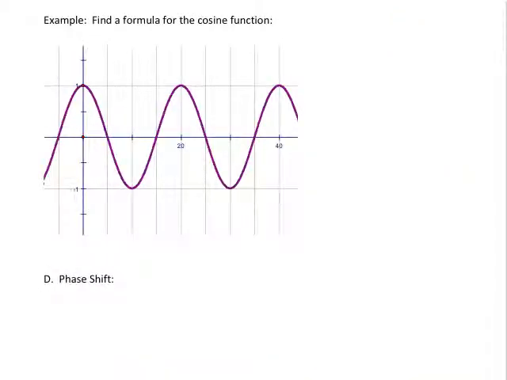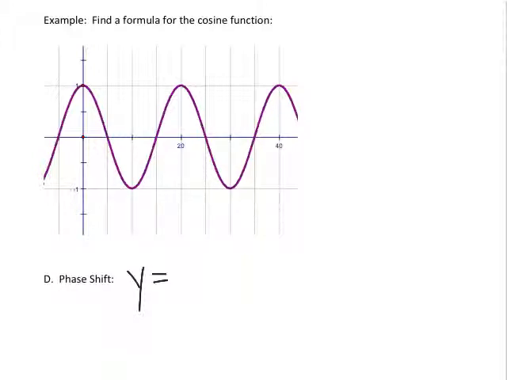This next example I'm going to leave for you to figure out, and then we can talk about it in class. And then the last thing we're going to do, and then we'll finish up in class, is talk about the phase shift. We'll spend more time on that tomorrow because the phase shift can be a little bit tricky, so I just want to quickly define it here. My function with the phase shift looks something like this.